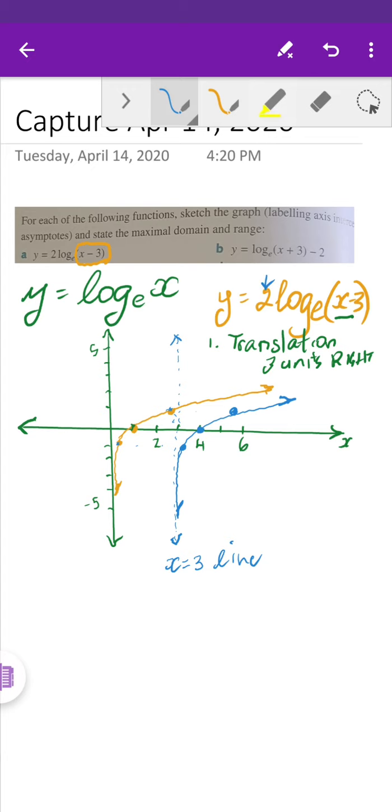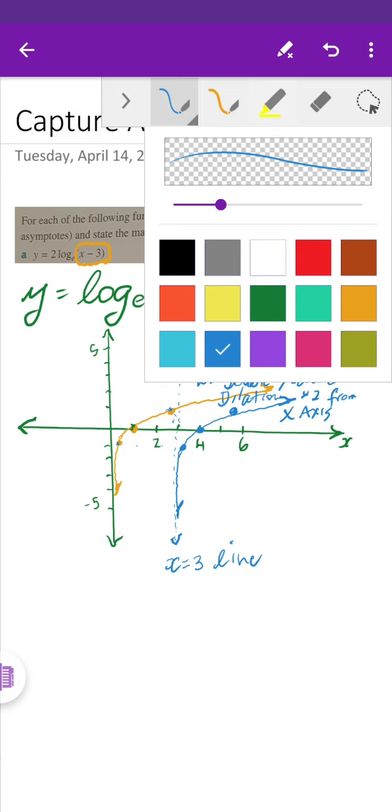Now, what does this do? The times 2 will double the y values, which is a dilation of a scale factor of 2 from the x-axis. So let's choose a different color. Let's go a bright orange, bright red.